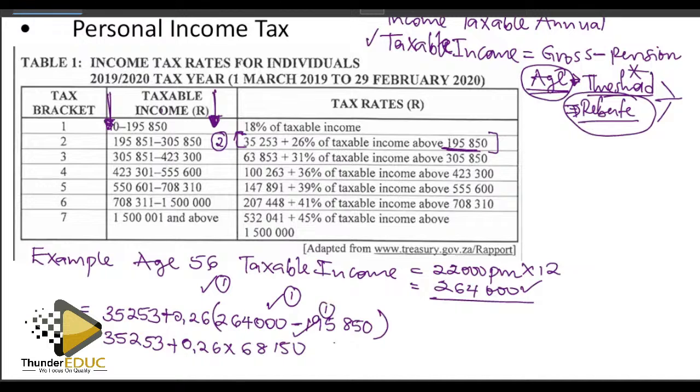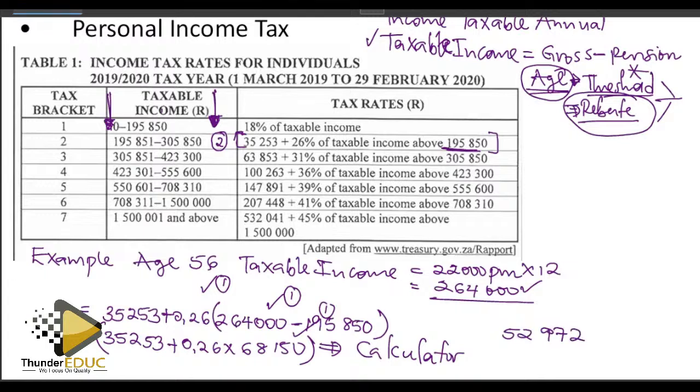Simplification. Now, at this moment, please put everything the way you see it in your calculator. I end up having 52,972.